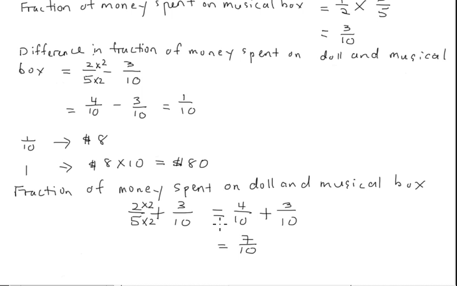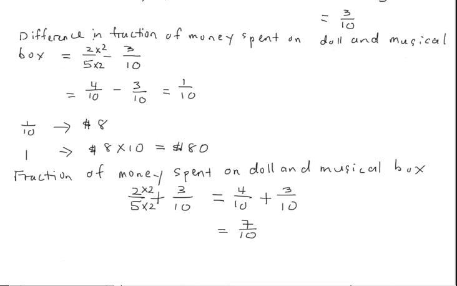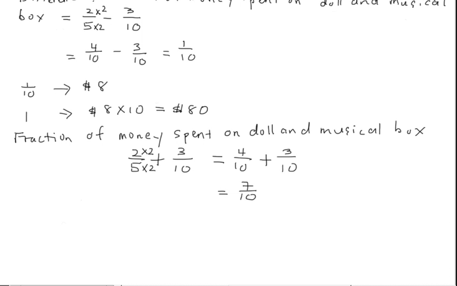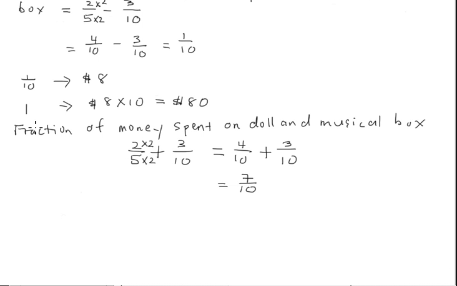This is how much money was spent. So she really has left 3 over 10. That's what she has left. She spent 7 over 10. So fraction of money left is equal to 3 over 10.